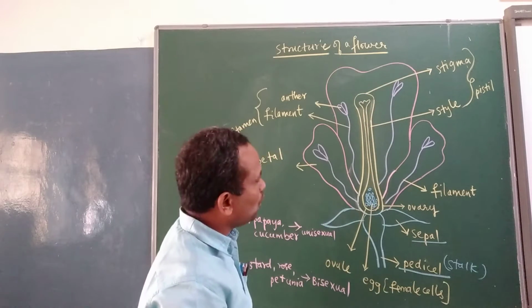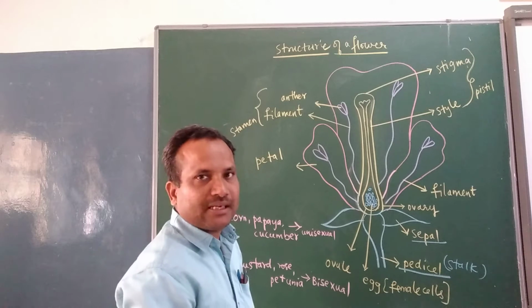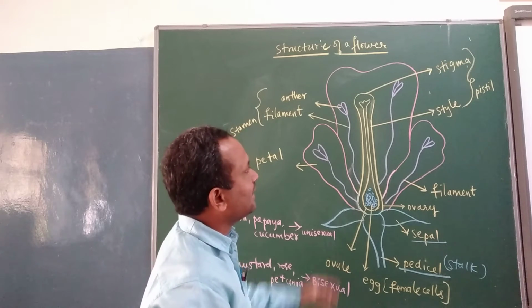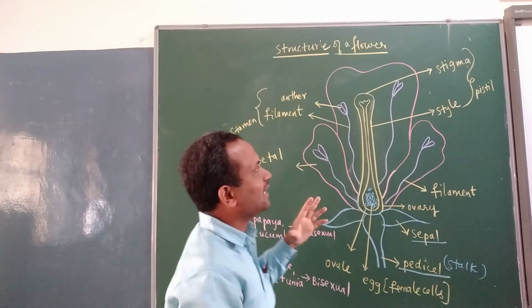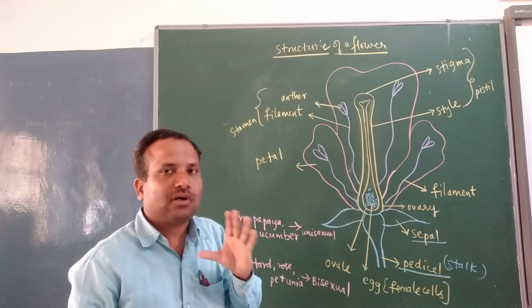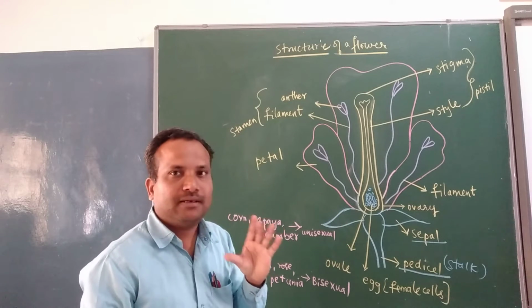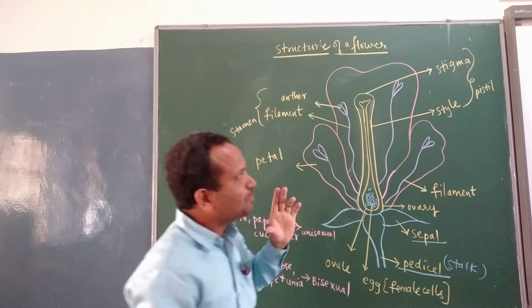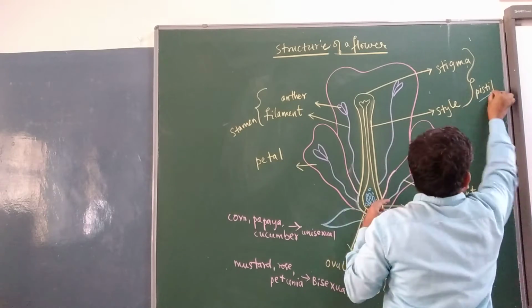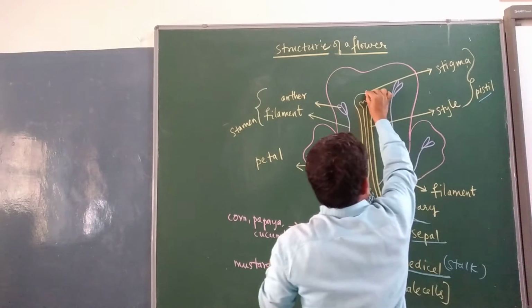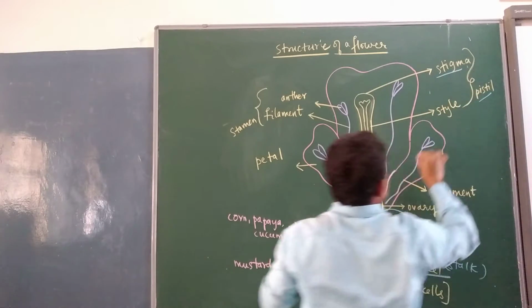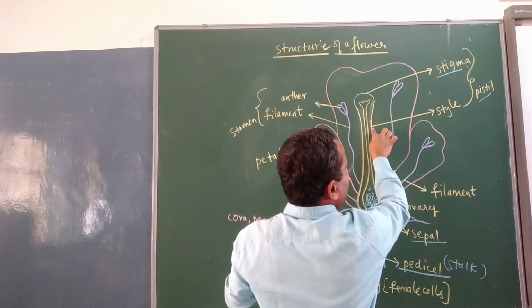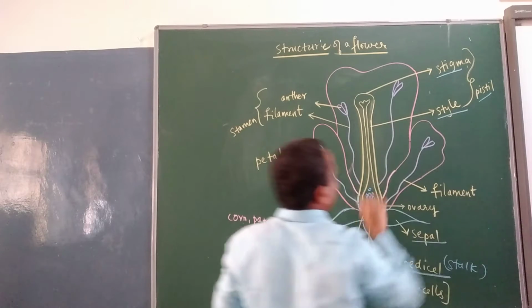So this tube, totally we call it the pistil. This pistil contains the top part as stigma, the middle part as the style.